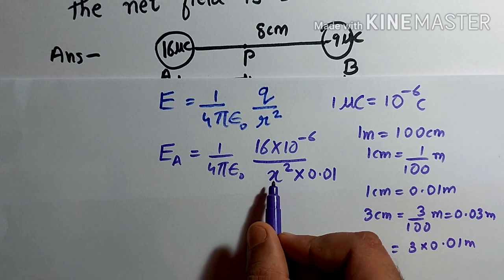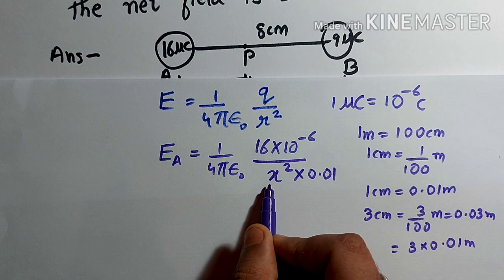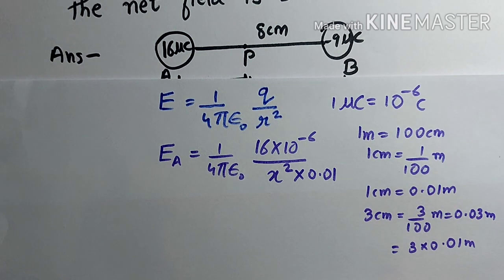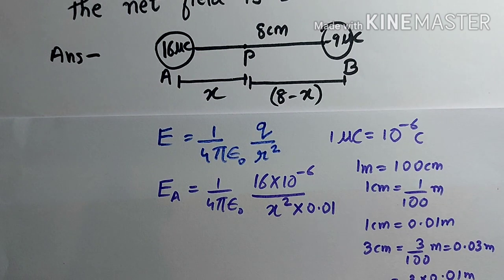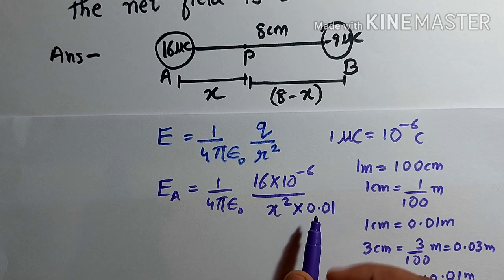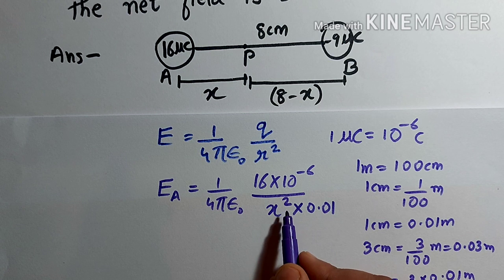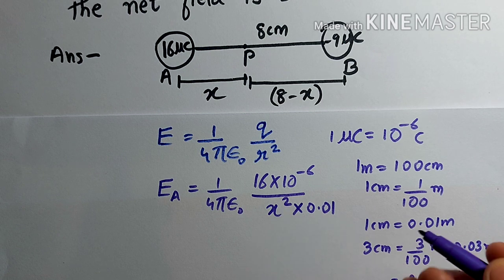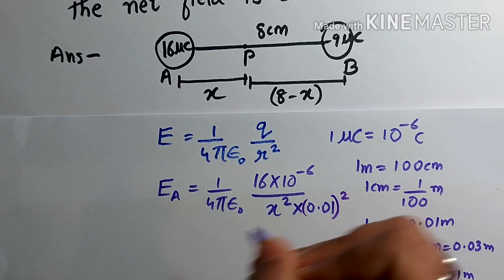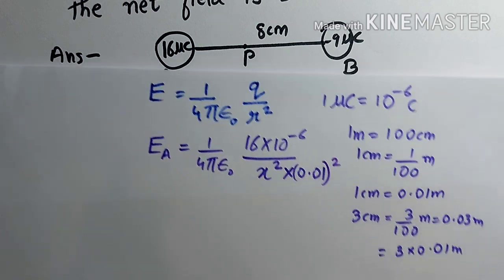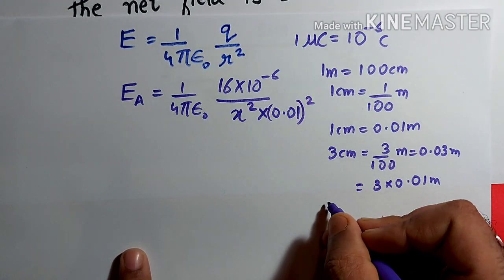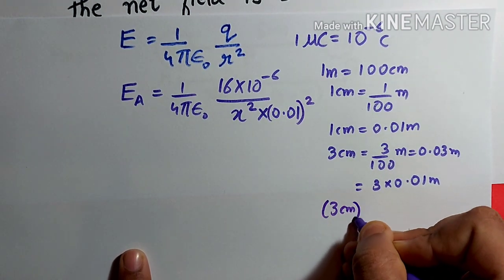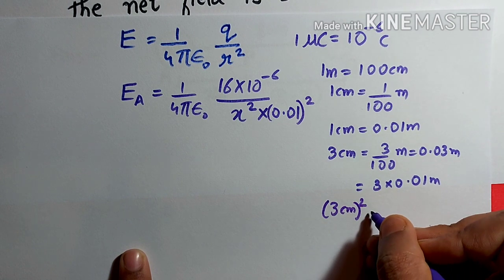We have X square and the value of X is in centimeter. So in order to convert X into meter, I am multiplying 0.01. Now we have a factor of X square, so you have square over here. Why? Think, if we have 3 centimeter square, then what can you write over here?